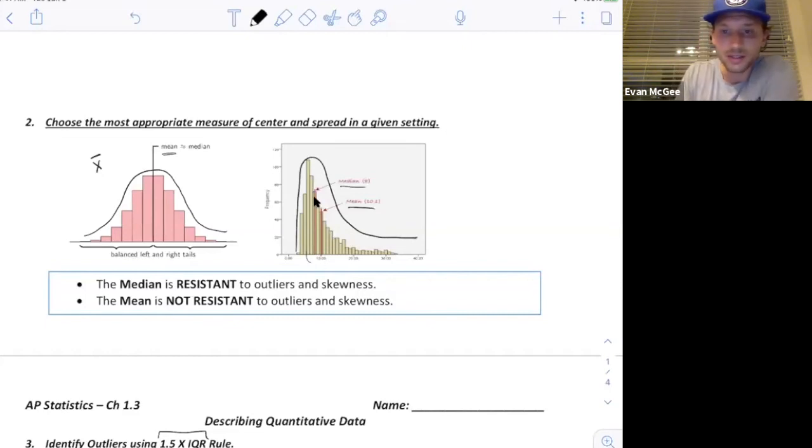And the median is located where most of the data is. And when we're talking about center, we want to be where most of the data is. So the median is always the best measure of center if the distribution is skewed, because the mean takes into account the value of each observation. The median is only measuring the location of the data.